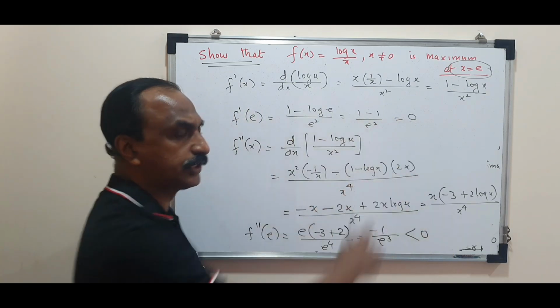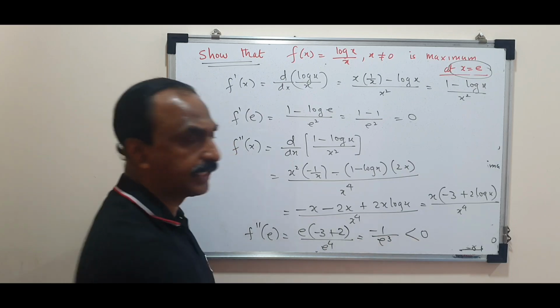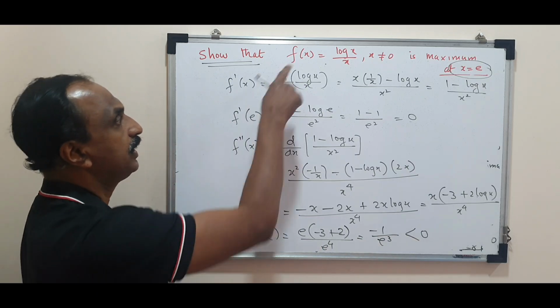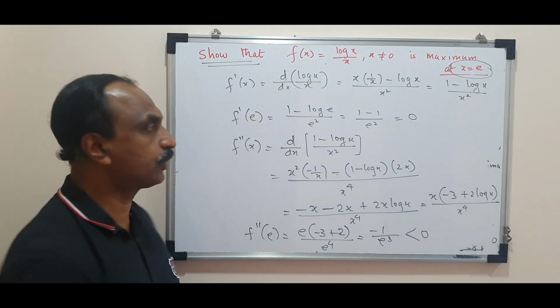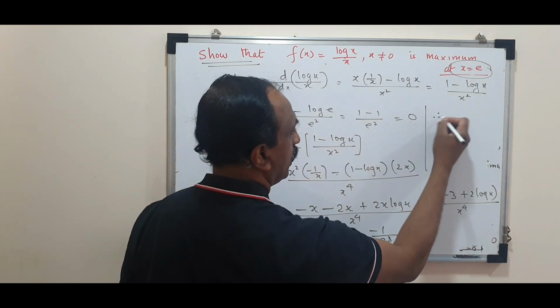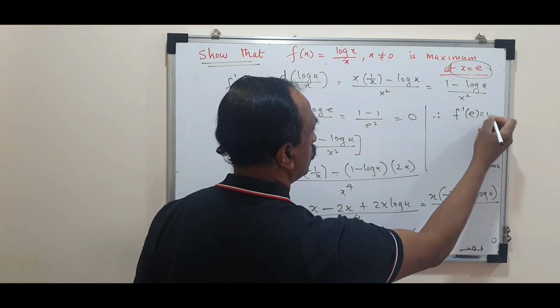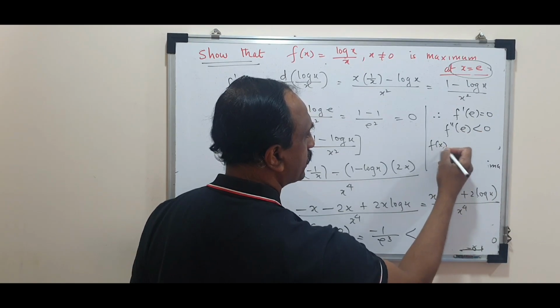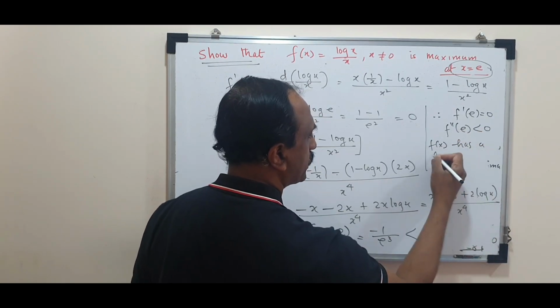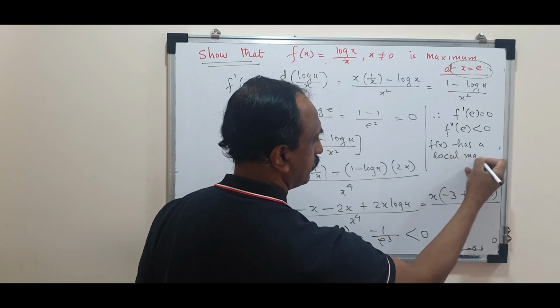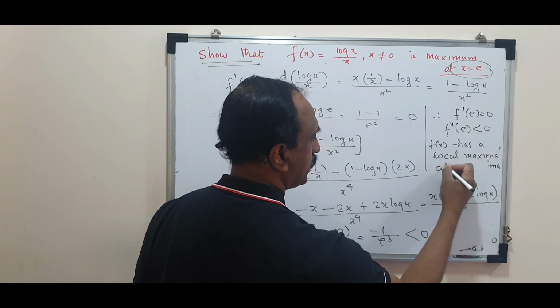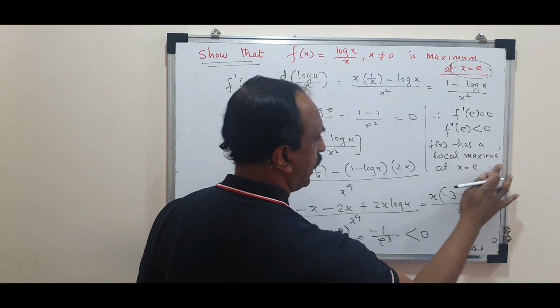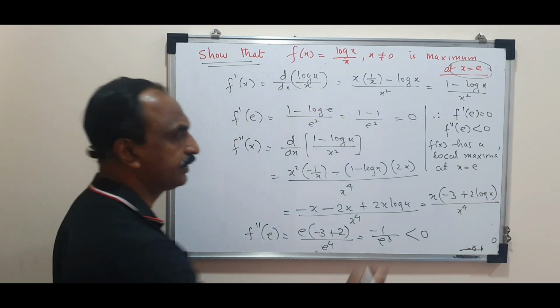First derivative at e is 0, second derivative is negative, so my conclusion is f of x is maximum at x equal to e. Therefore, f dash of e is 0, f double dash of e is less than 0, so f of x has a local maxima at x equal to e. That is my conclusion.